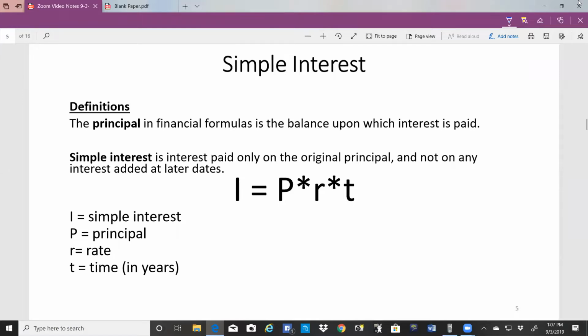You don't add any of your interest back to your starting value, and you start off with a principal, abbreviated P. I is the amount you make in simple interest, P is your principal, R is your rate in decimal, and T is the time in years. And I = PRT is the way you calculate the interest over a period of time.